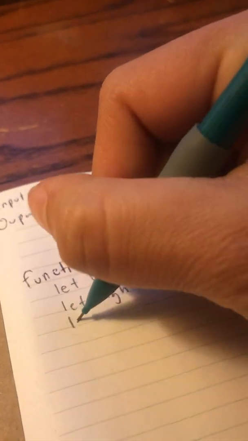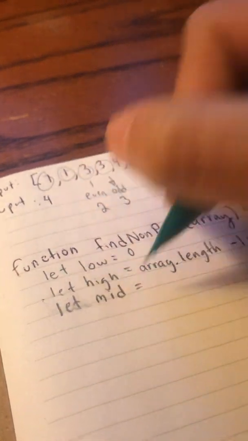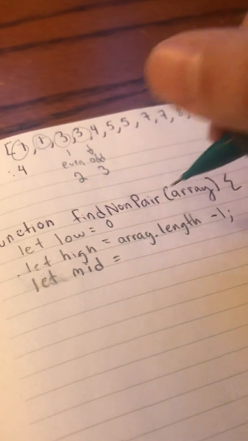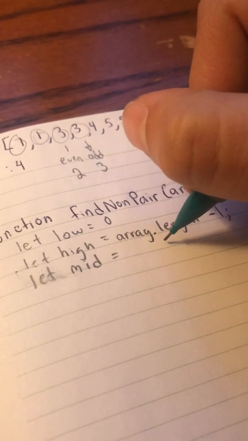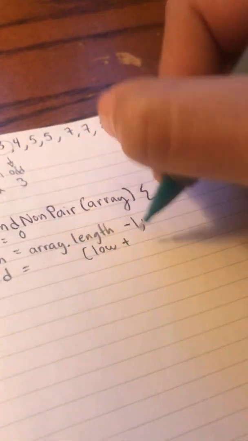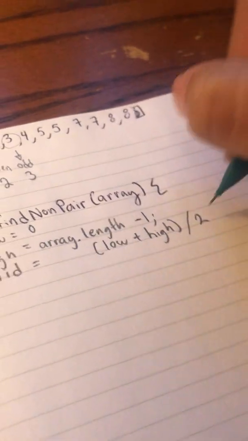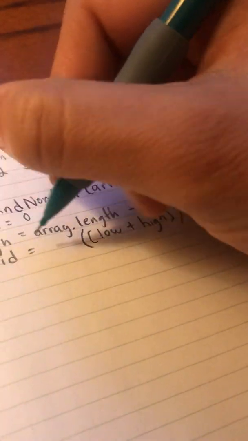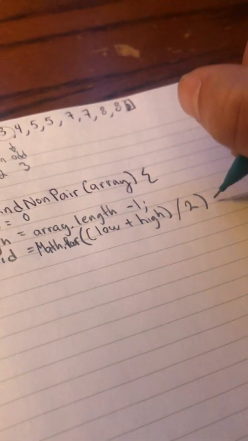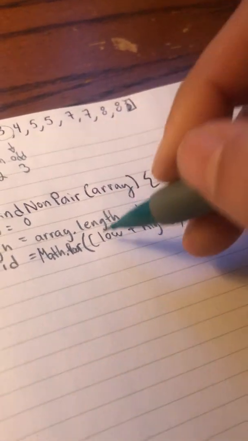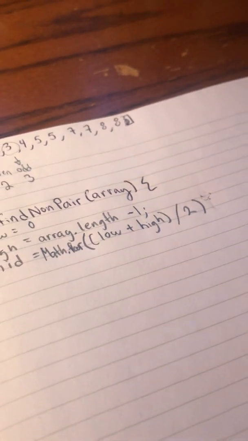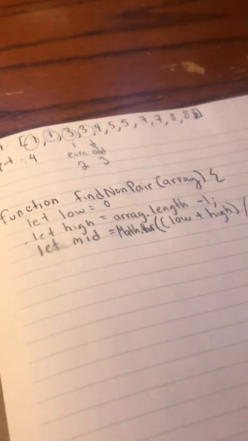And we're going to get our middle. I'll just put mid, and basically we're going to get that mid by adding our low and our high, dividing it by 2, but we're going to make sure we floor it, so that way we don't get a decimal amount and we round down.